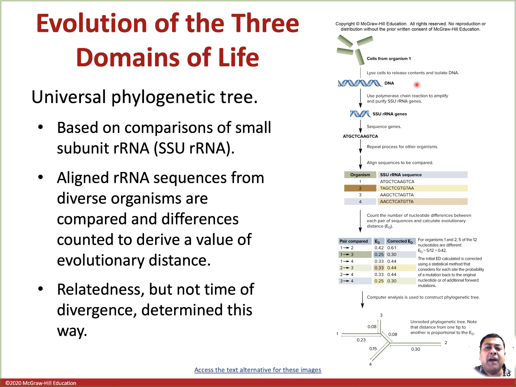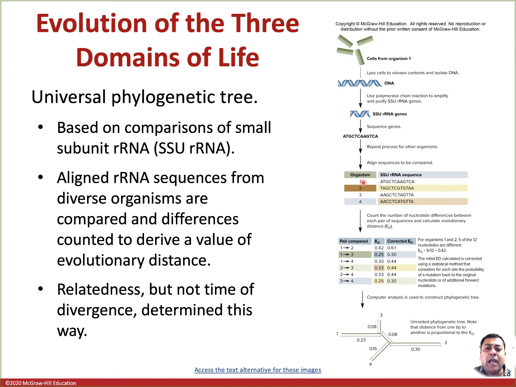How do we amplify? We use primers, since some of the sequences of these small subunit ribosomal genes are very conserved among organisms. So we design primers with that, and then we can get the full sequence of the small subunit ribosomal RNA genes. We sequence these genes and get these ATCGs, and this is from organism 1. We can do 2, 3, 4, 5, 6, as many as we want.